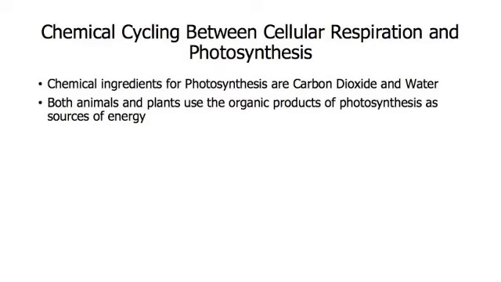It should be noted that the waste products of cellular respiration are carbon dioxide and water, the very same ingredients used for photosynthesis. Plants store chemical energy via photosynthesis and then harvest this energy via cellular respiration. However, plants usually make more organic molecules than they need for fuel. This photosynthetic surplus provides the organic material for the plant to grow. It is also the source of food for humans and other consumers.